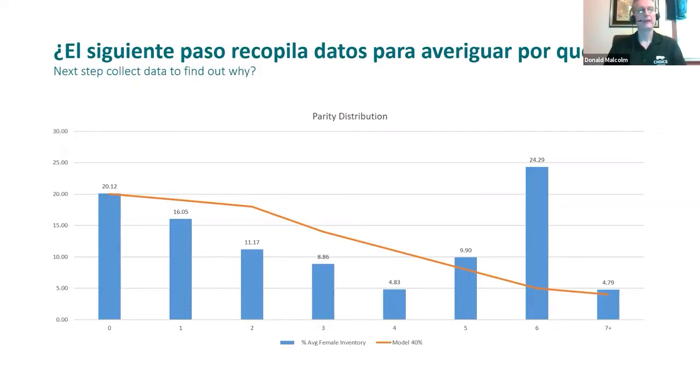And typically as the animals age out, especially at parity 6, and then when we look at the prime parities, especially parity 3 and 4, there's opportunity to have more animals that are in their prime. So in a discussion with the client, this is generally an easy discussion to purchase more animals to fix his parity distribution.